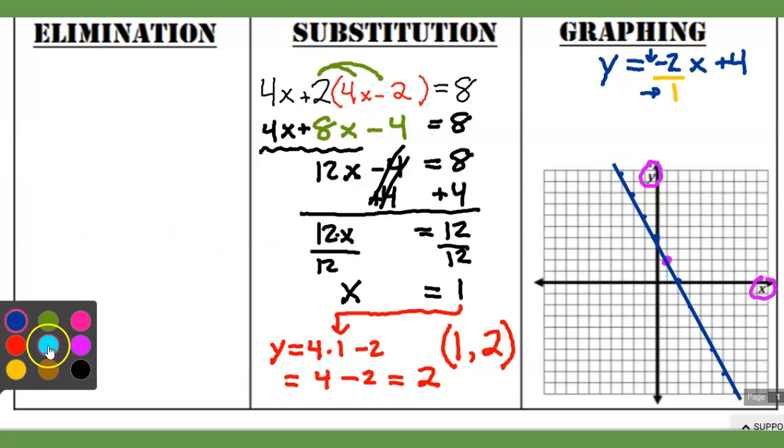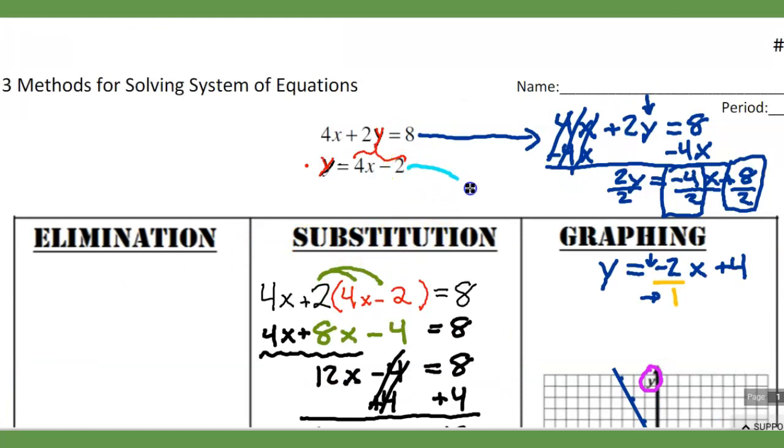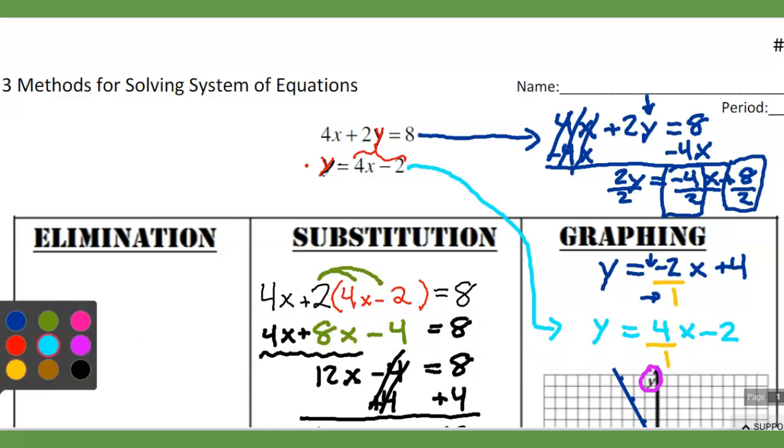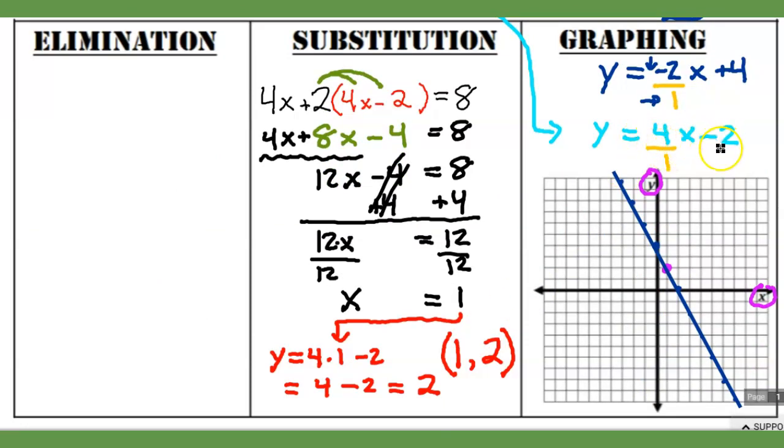Okay. Not too bad, right? Now the next one, well, this is already in the proper format. y equals 4x minus 2. Didn't have to do any work. Just like the one above, though, we have to know that's 4 over 1 when you're graphing it. And then the answer is revealed pretty quickly. Start at -2. And then you go up 4, right 1.